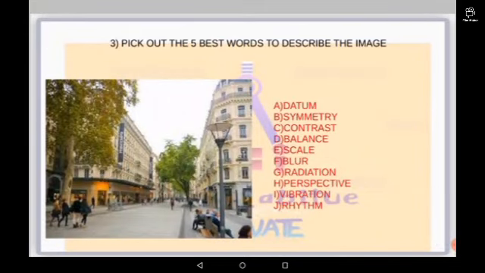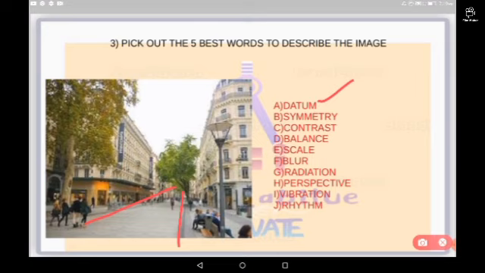Now the next question: pick out the best words which describe this image. Somebody was having doubt: is there any datum? I have already discussed what datum is in one of my previous videos when one asked a doubt about datum. Datum is a line or plane around which everything is arranged. We can see in this picture clearly that along this rod everything is placed, right?